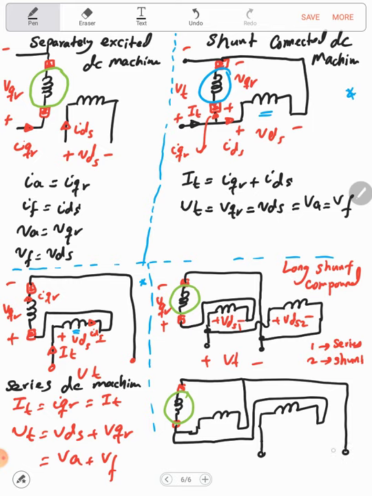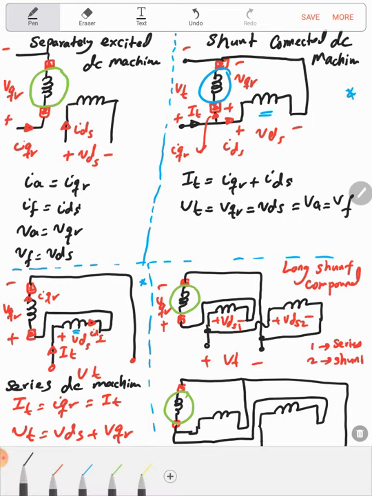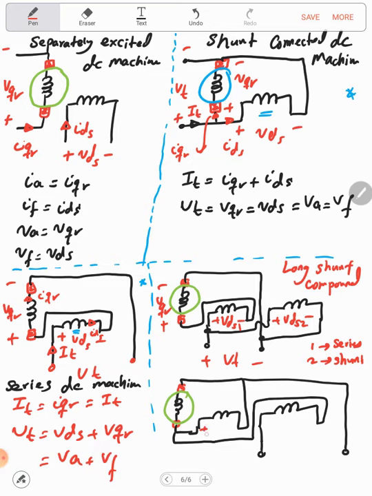And here we'll have the shunt plus minus VDS2. Here we are having plus minus VDS1, plus minus V terminal. Here we'll have plus minus the VQR.